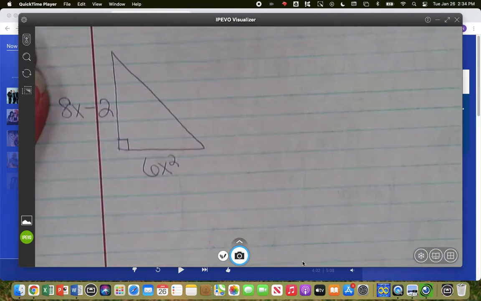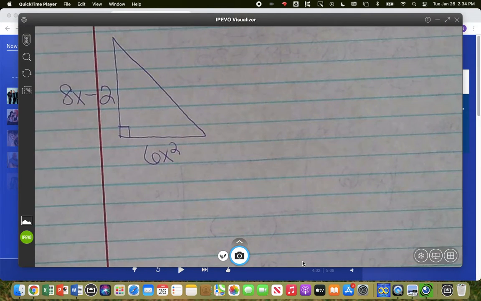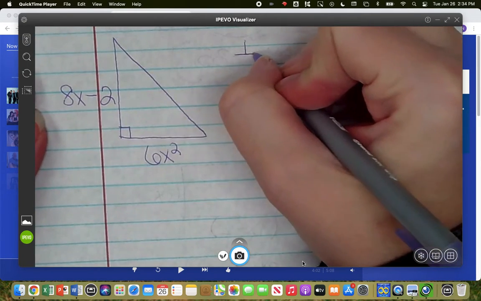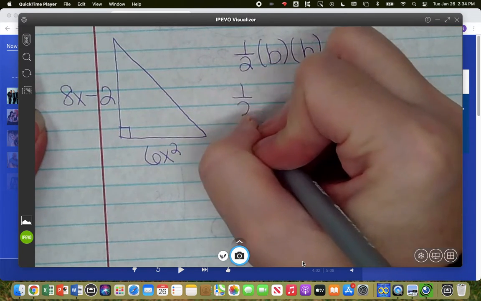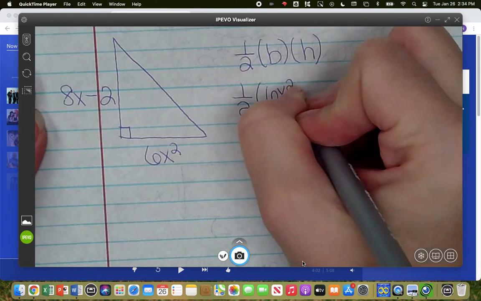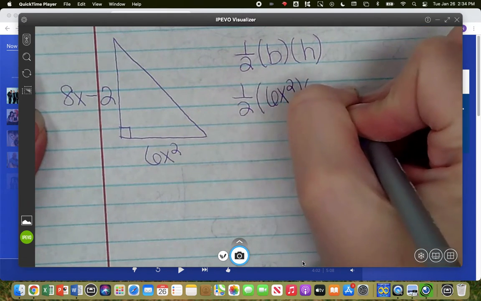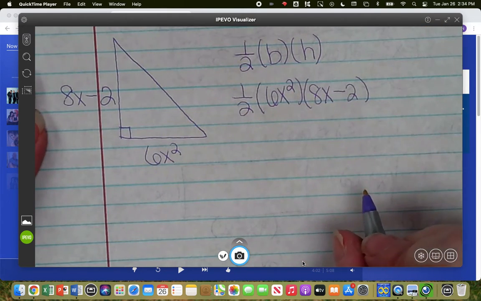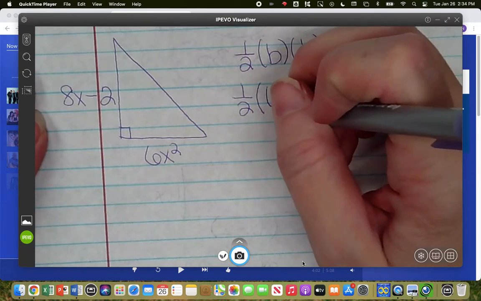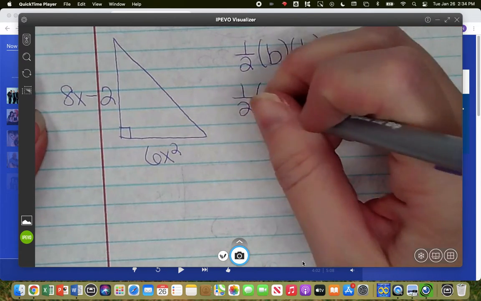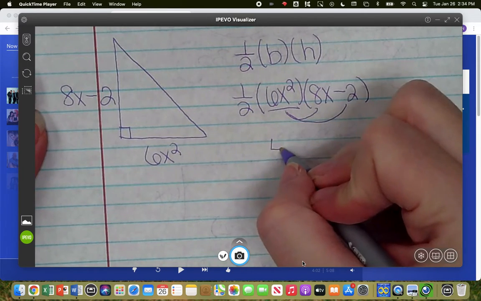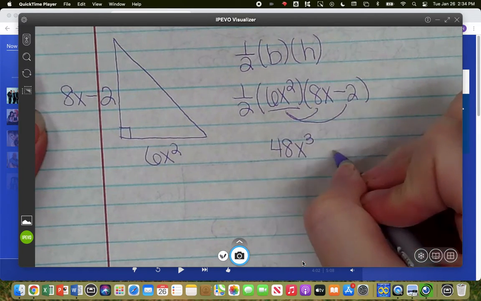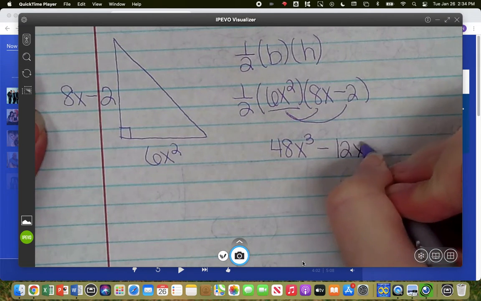And then last but not least, we have another triangle. Same thing, 1/2 times base times height. So we have 1/2 times 6x squared times 8x minus 2. I would do base times height first. I would distribute that in and deal with the 1/2 at the very end. So I'm going to distribute this and get 48x cubed minus 12x squared.